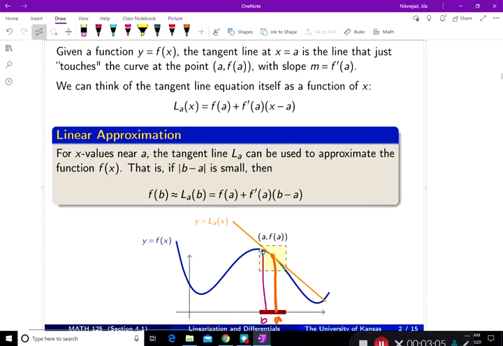Here, a is here and b is very close to a. If I draw the vertical line, I get to the y value on the blue curve. But that y value is very close to the y value on the orange line.